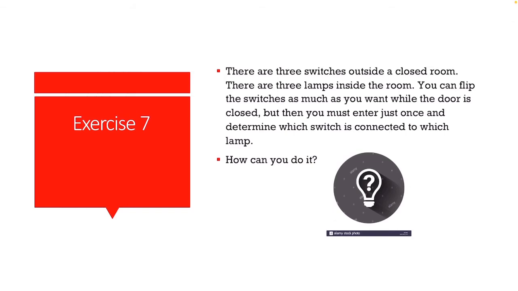So enter the room and feel the 2 bulbs that are off. The one which is warm was turned on by the first switch, and the light that is on is connected to the second one, and the other is the third.